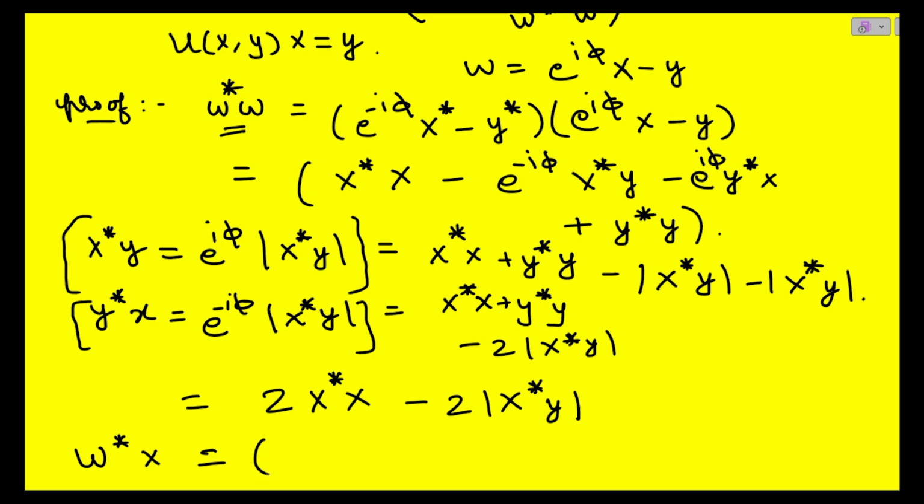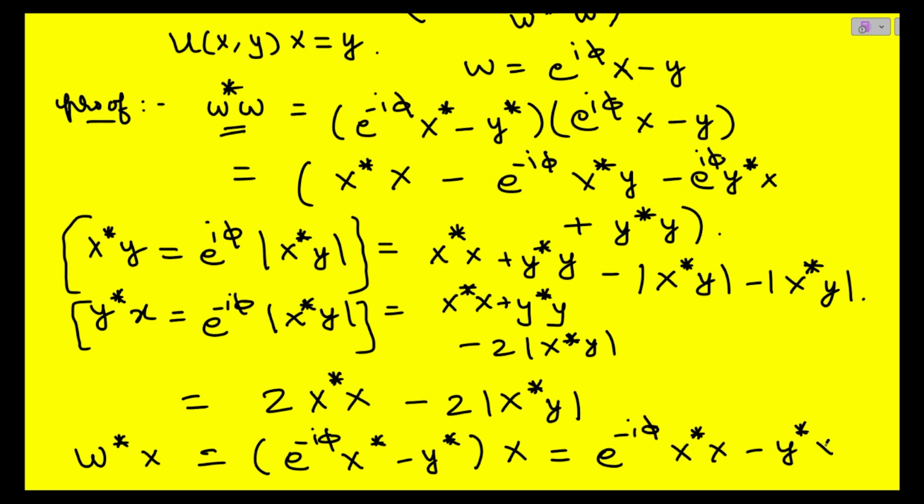When you take the star, because e to the power i phi is just a number, you just take the conjugate of that. You have x star minus y star, and then you have x. So this becomes e to the power minus i phi x star x minus y star x. Okay, so this is what you have.